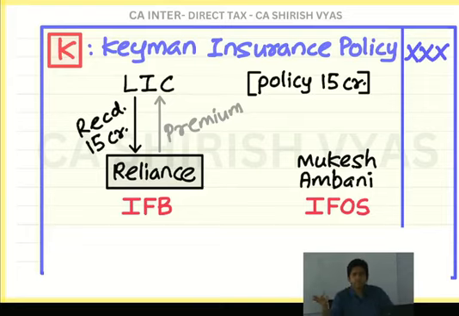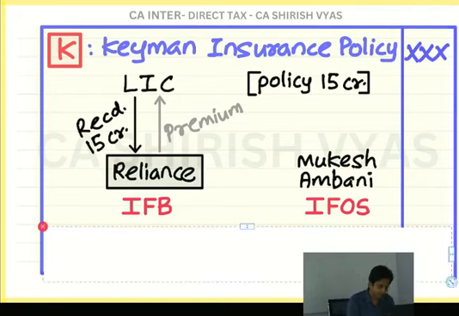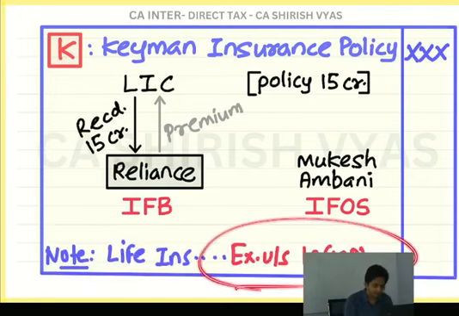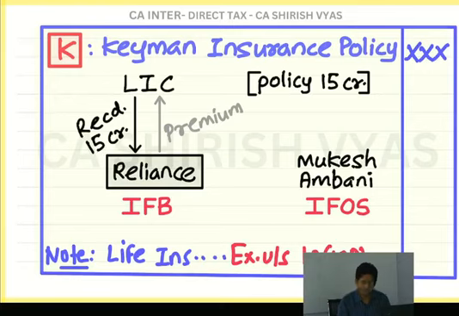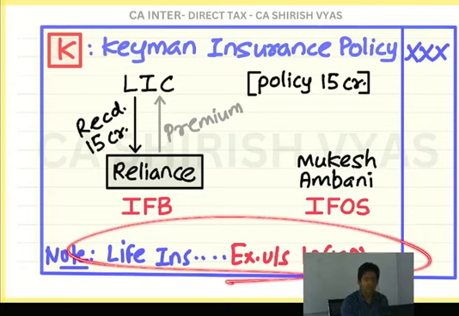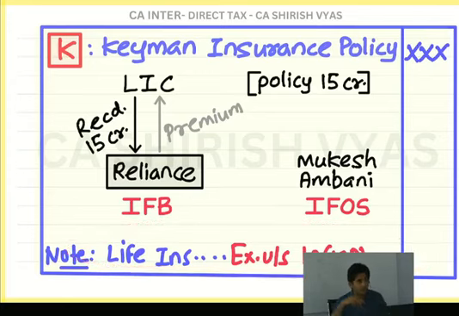Exempt under section 10(10D), by heart, 10(10D), life insurance policy. But be careful, don't see the word insurance; see whether it is life or key man. If they write life, then it is exempt under section 10(10D). Did you notice I am explaining the logic also, because here you are becoming family-minded. K is over. The next alphabet is I.